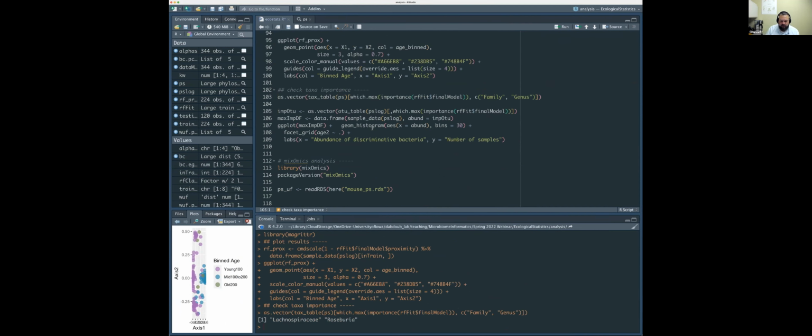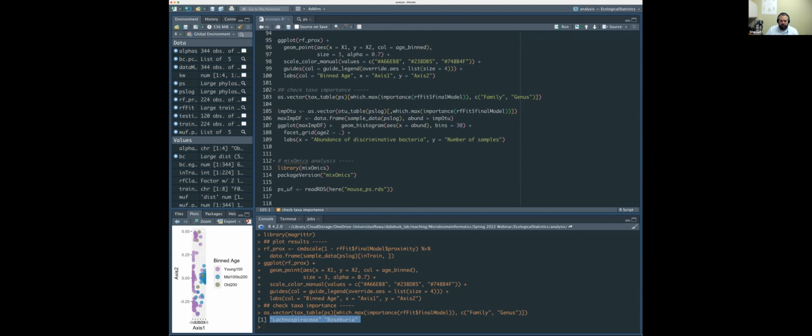So one of the things you get with random forest is an importance score. One of the reasons that random forest is still so often used is, 1, it does give you robust predictions, but 2, it gives you more information about what's actually important to the model.